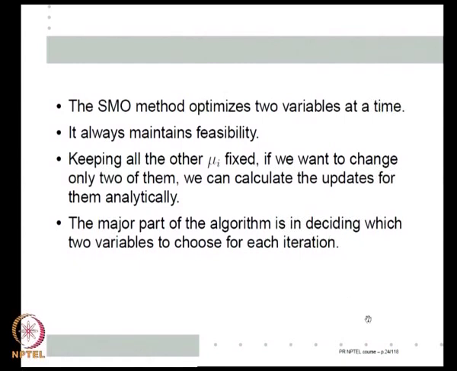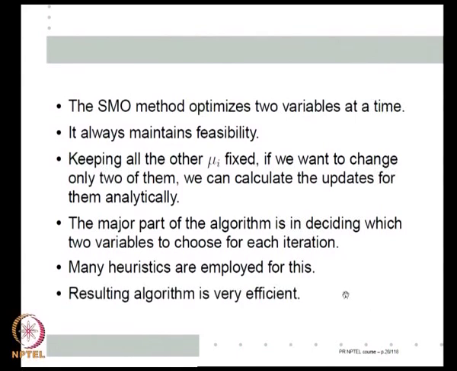So, there is a large set of heuristics in SMO which are employed to decide which 2 variables to choose, and the resulting algorithm is extremely efficient. It can solve tens of thousands of variable SVM problems very fast even on a simple computer. Okay.